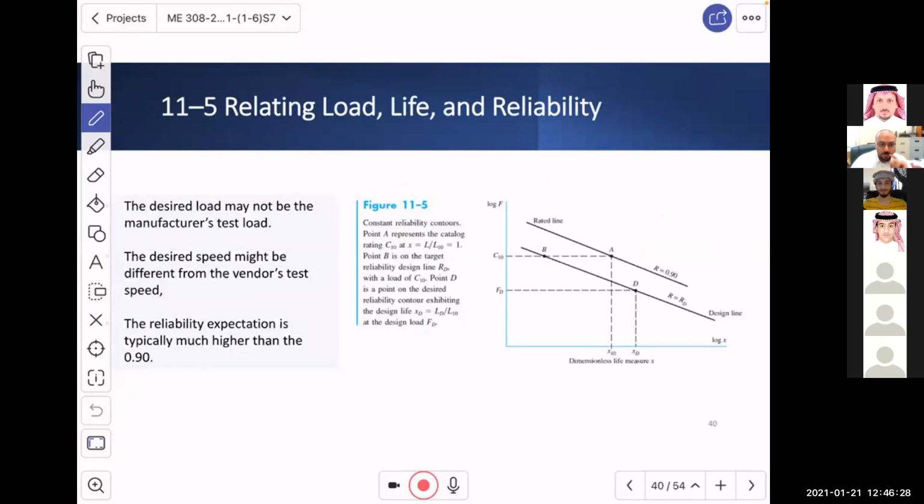Why? Because, as you will see, inshallah, we will start this next class. You don't want an airplane with 90% reliability. You call the Saudi airline now, and instead of making a reservation, tell them, what is your R?